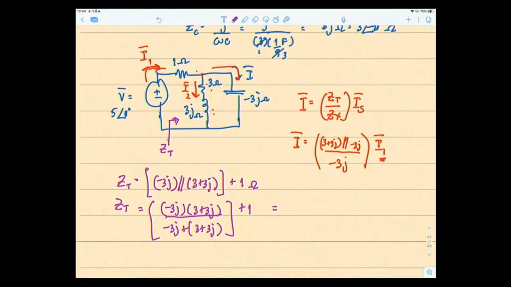When you use your calculator, it turns out that your Z total becomes 4 minus 3J ohms. I suggest that when you finish watching this, you take your own time to do this by yourself again.